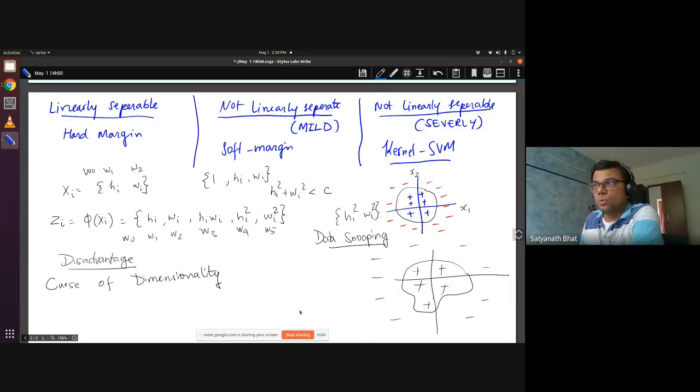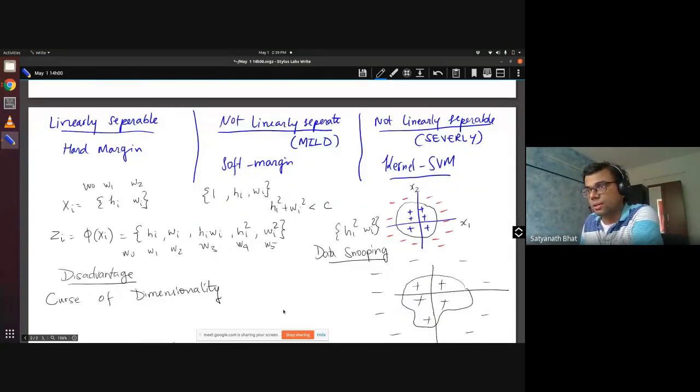Okay, so now there is the curse of dimensionality, which is that I will have these kind of cross terms, and there is an explosion if there are too many d-dimensional features. If I go from linear to polynomial of degree 2, even then d square number of things come. So if d is 10, d square will be 100.